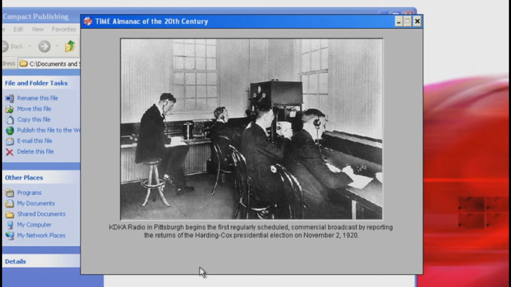The election returns will be broadcast as soon as they are received by us here at KDKA. We'd appreciate it if anyone hearing this broadcast would communicate with us, as we are very anxious to know how far the broadcast is reaching.